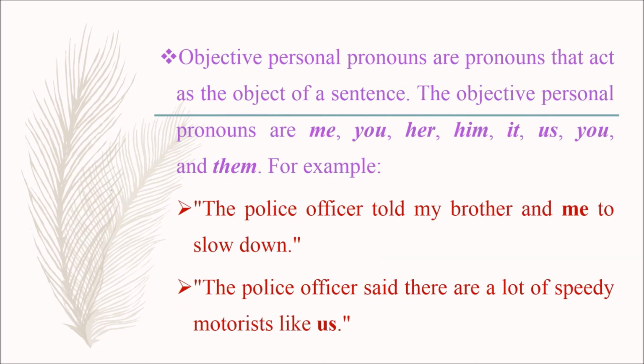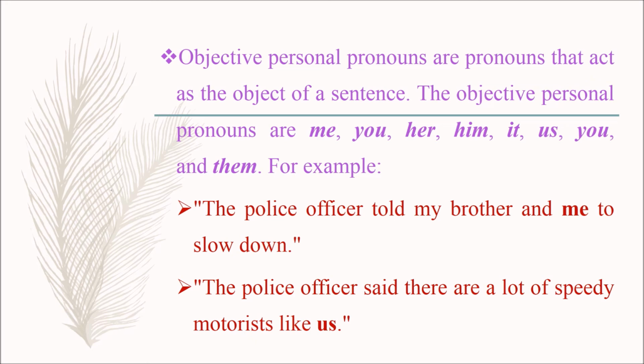Next, let's see about objective personal pronouns. Objective personal pronouns are pronouns that act as the object of a sentence. The objective personal pronouns are me, you, her, him, it, us, you, and them.